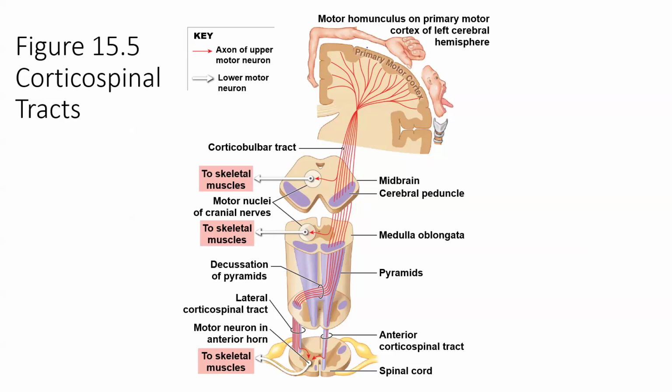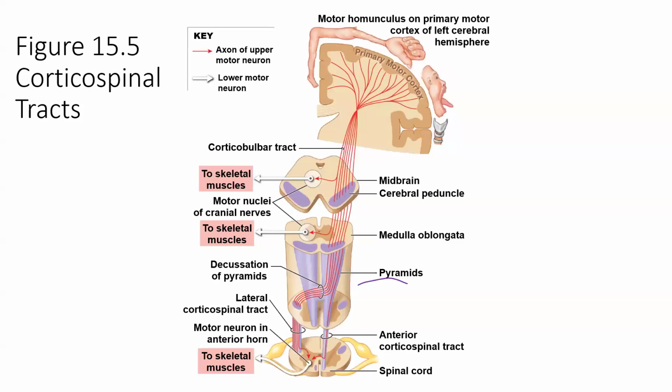Okay, so this table is from your book. And so you could see the cortex, okay, all the way down to our skeletal muscles. We're going to go through midbrain, pons, medulla, and then the pyramidal cells here. And the decussation of the pyramids, that is just the crossing over, okay, of the corticospinal tract.